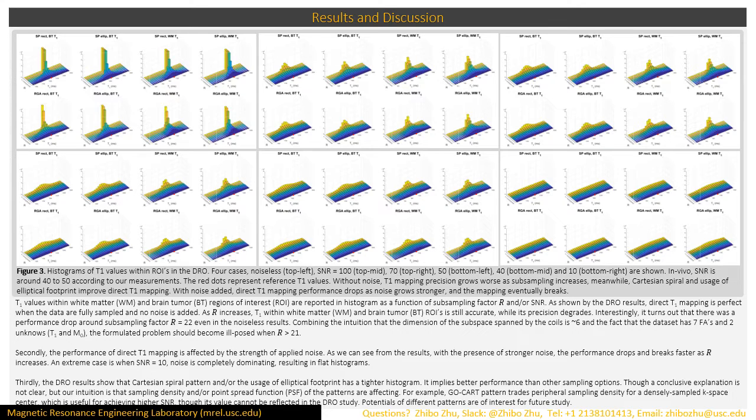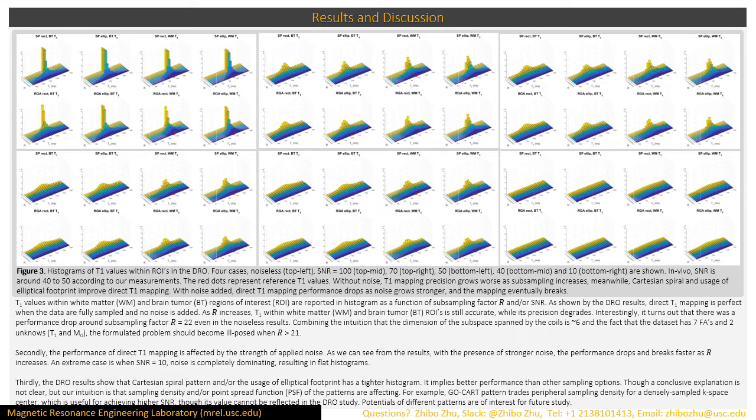Secondly, the performance of direct T1 mapping is affected by the strength of applied noise. As we can see from the results, with the presence of stronger noise, the performance drops and breaks faster as R increases. An extreme case is when SNR is equal to 10, noise is completely dominating, resulting in flat histograms.